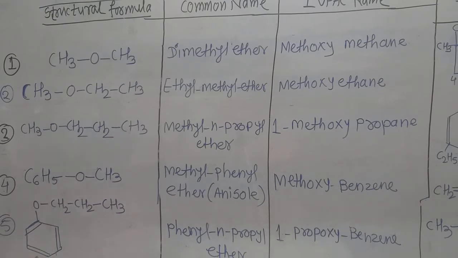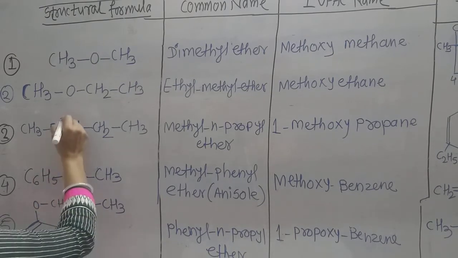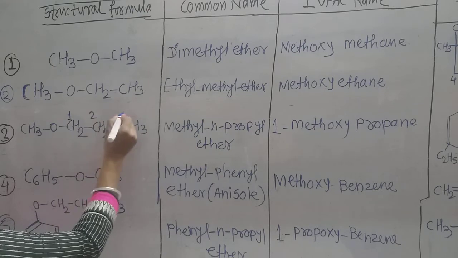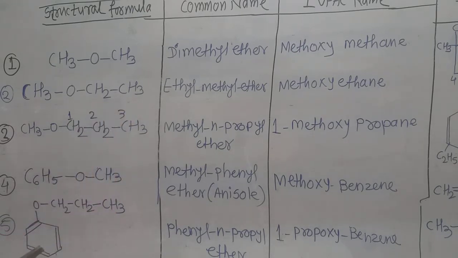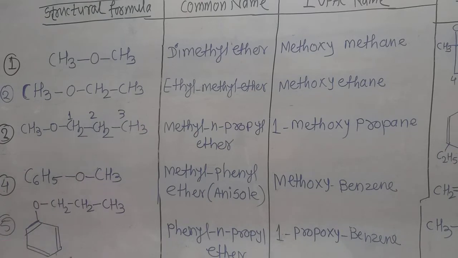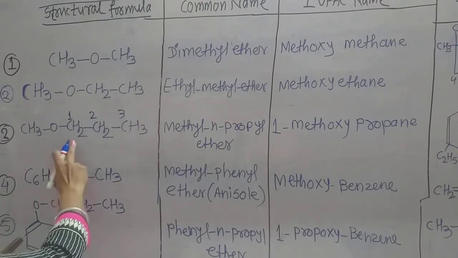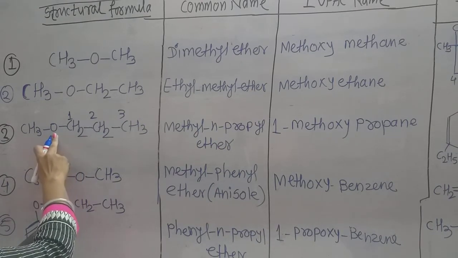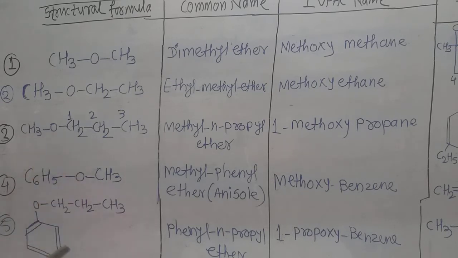So give the numbering for those carbon atoms from this side 1, 2, 3. So at the first carbon of this larger alkyl group, that is the propyl group, the O of the ether is attached. So during writing the IUPAC name, first write the methoxy because it is the smaller alkyl group, and then give the number at which the oxygen is attached.